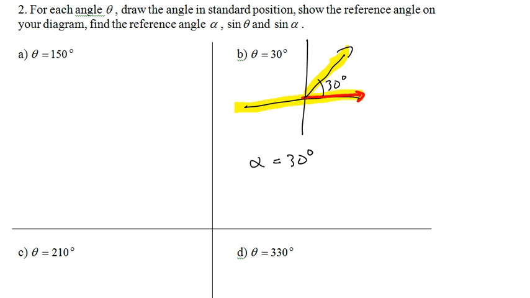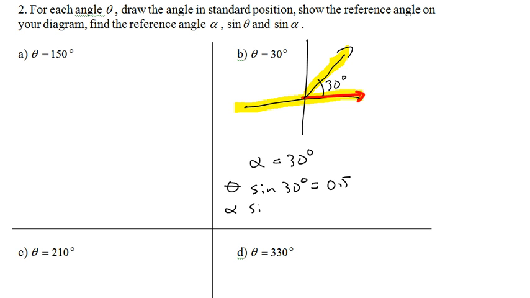Now theta is 30, so I'm going to punch sine 30 degrees in my calculator, even though in other cases you'll be expected to find the exact value. You can just throw it into your calculator, and you're going to find out that sine 30 degrees equals 0.5. So that was for our theta, our angle in standard position.